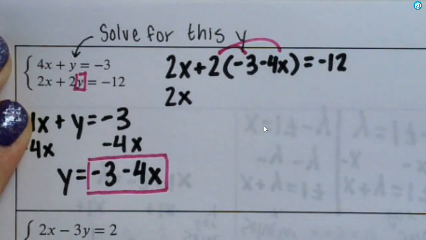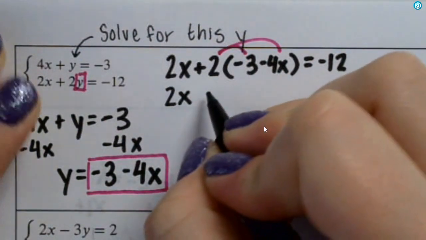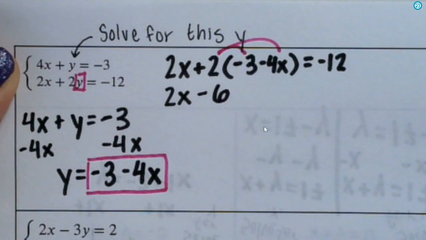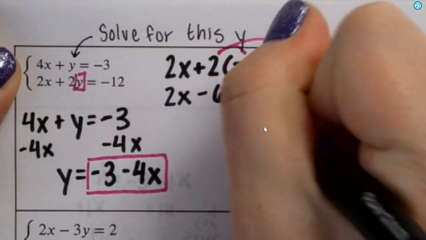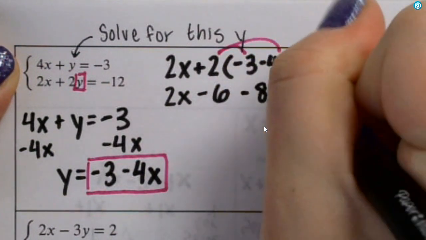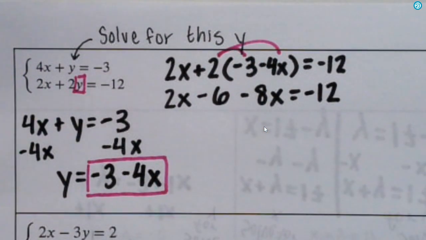And then 2 times negative 3 is negative 6. 2 times negative 4x is negative 8x. And that equals negative 12. If at any point you guys get confused, pause me and let me know, or we can go back over the things we just did.